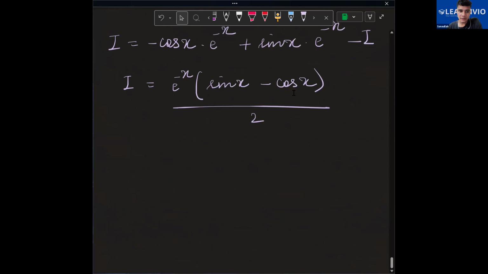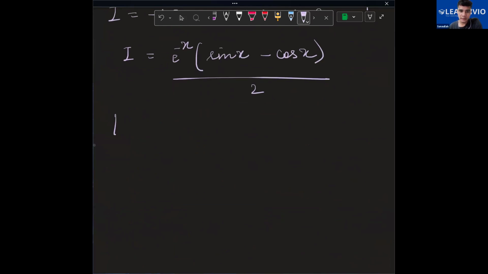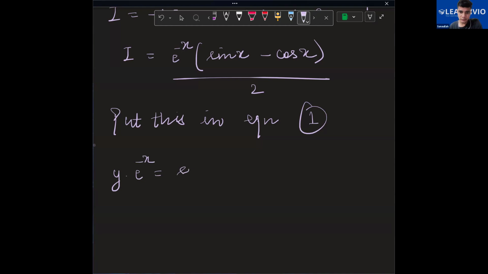So now put this in equation 1. Putting this back in equation 1, I will get y into e power minus x is equals to (sin x minus cos x) over 2 into e power minus x plus c.